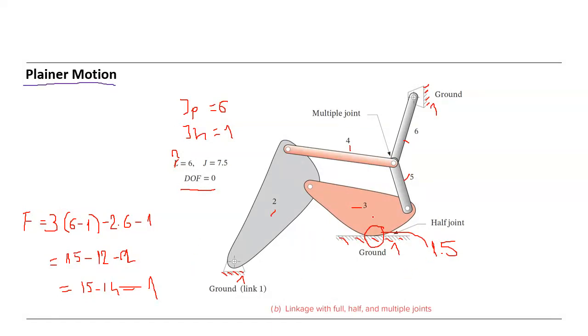So actually it works because it moves, but degree of freedom is 0, and this joint here is considered as 1.5, 1 and a half.